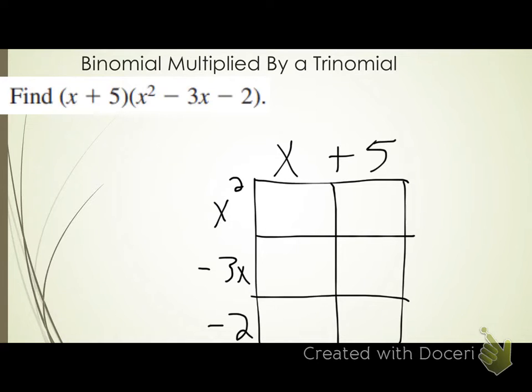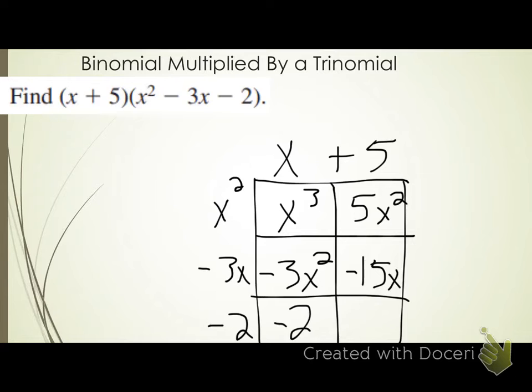And now I'm still multiplying where they meet. So x times x squared is x cubed. 5 times x squared is 5x squared. X times negative 3x is negative 3x squared. 5 times negative 3x is negative 15x. X times negative 2 is negative 2x. 5 times negative 2 is negative 10.